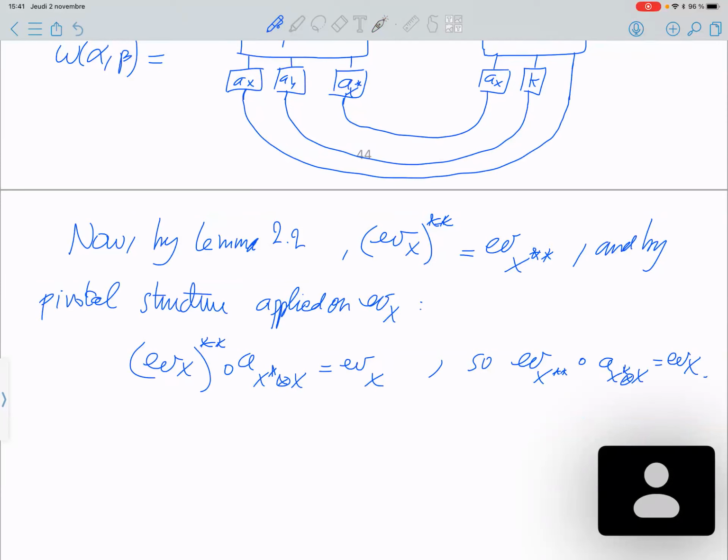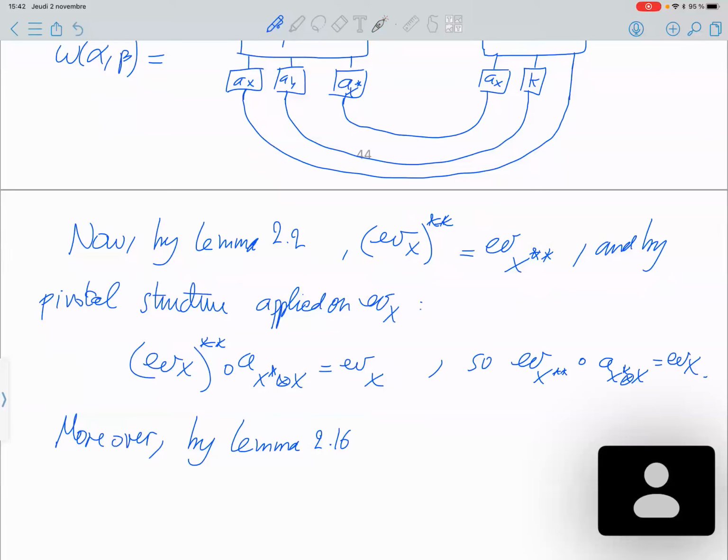We need more. So move by Lemma 2.16. This lemma, in fact, involved some kappa morphism as we have here, which is moved from right to left up to multiplying by the second Frobenius-Schur indicator.